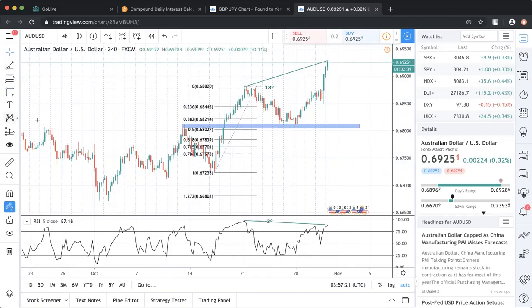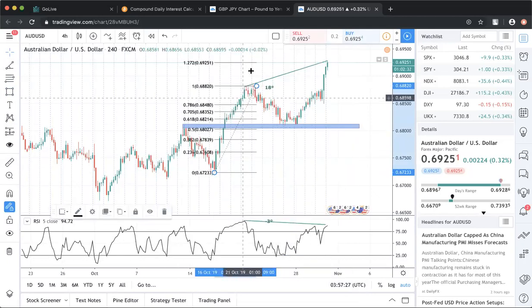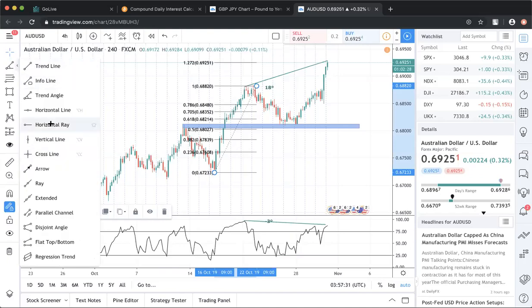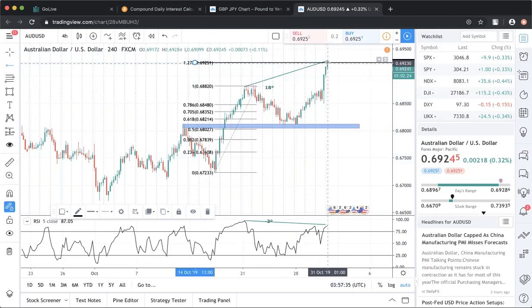So what we can do is take this fib and flip it, fib extension levels, and we could be looking for a take profit around the 1.27. The 1.27 is right now. So this could be hitting people's take profits. So we could be looking for a reversal.